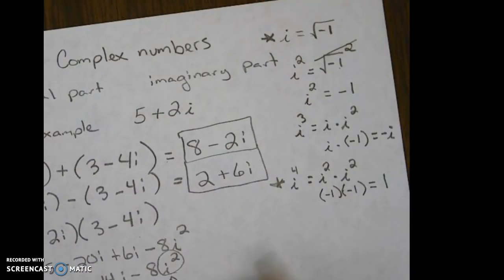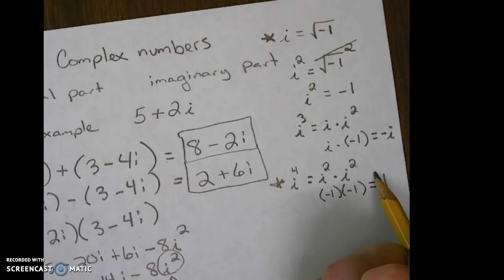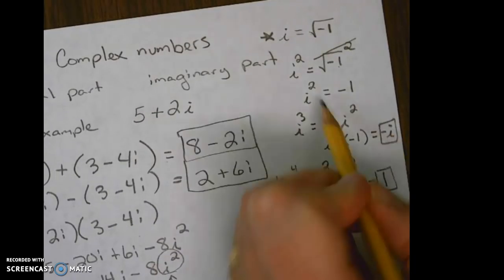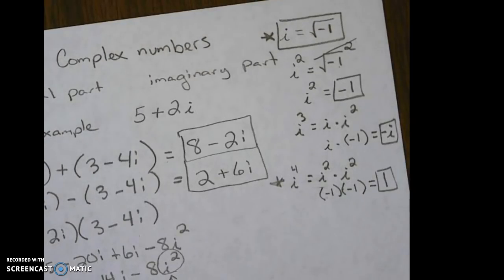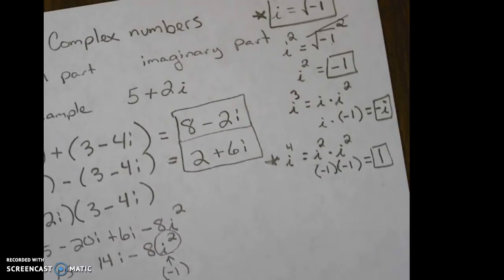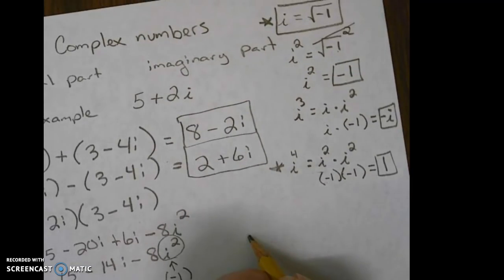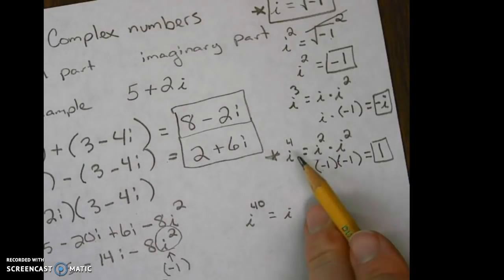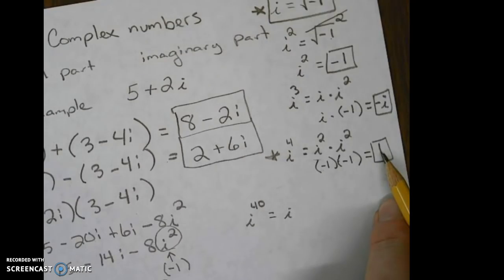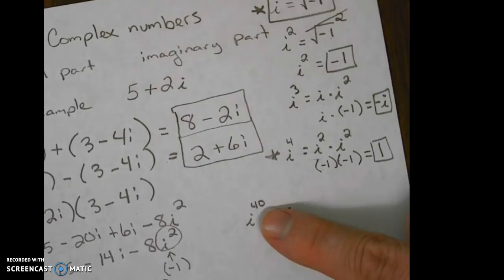So, these are going to help us with solving or simplifying something that might look like this. I to the 40th power. So to solve this, the way I do it, since I to the 4th is equal to 1, I want to find out how many 4's go into 40. 10.